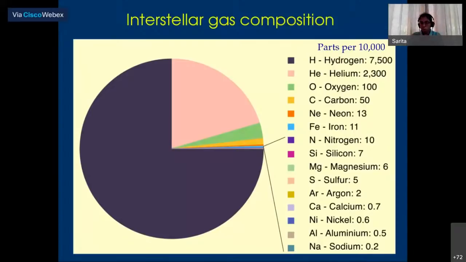So if you are wondering, for example, where the silicon that we see here on Earth has come from, or where gold or any other element has come from, then if you go back in time, all of this has been processed in some star, in the interior of a star, and has gone into the interstellar medium from which the solar system formed.